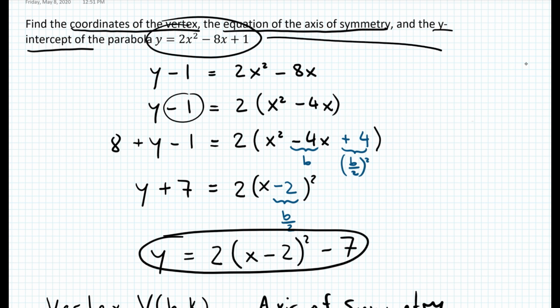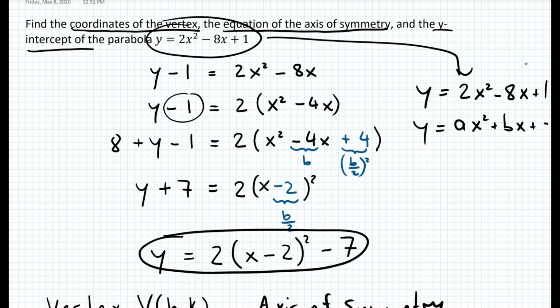Now, if you take the original equation, y is equal to 2x squared minus 8x plus 1, we know that that is actually the equation of ax squared plus bx plus c. Okay, so that means that the b value here is equal to negative 8.